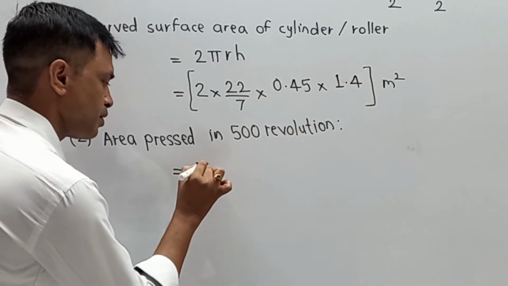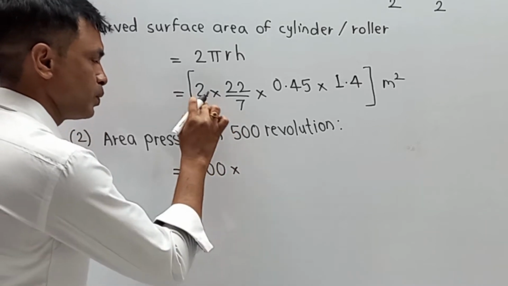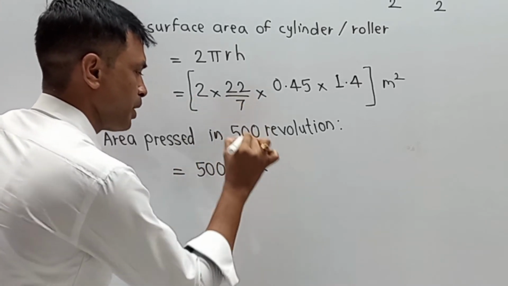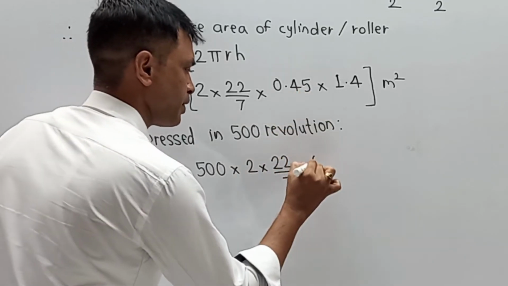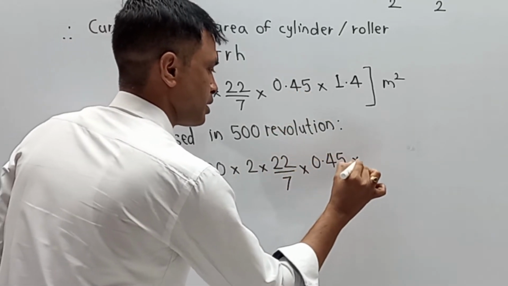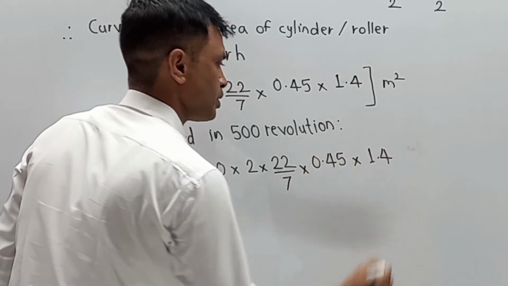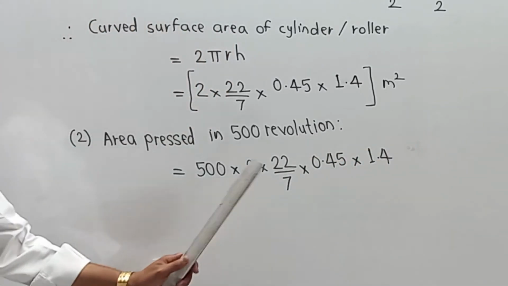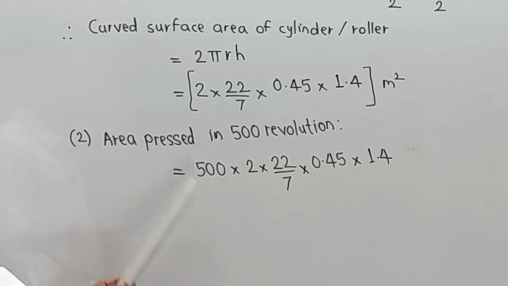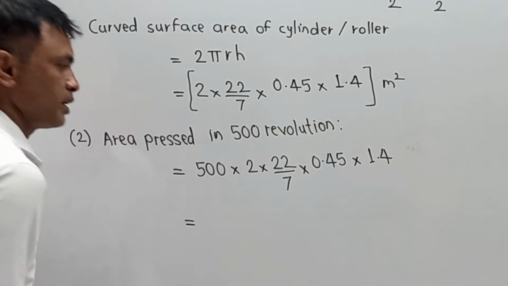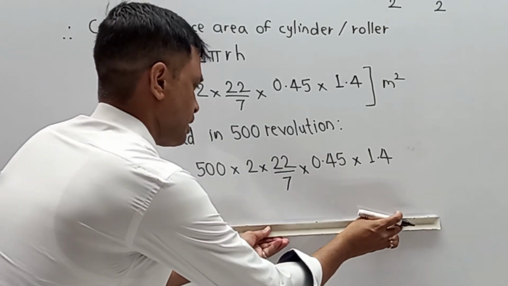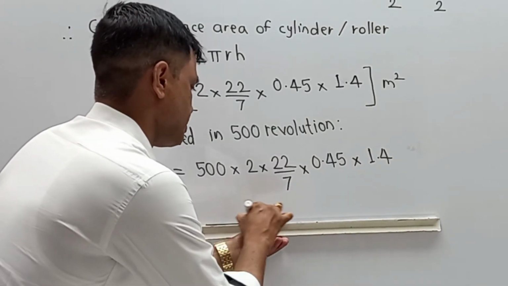So here 500 into 2 into pi, that is 22 by 7, into 0.45 into 1.4. Now overall simplification will be the main part for us. Now remember one by one how we are going to simplify it over here. That is also one part of a trick. Here I am going to simplify it. First 500. Here I am going to write this part step by step.